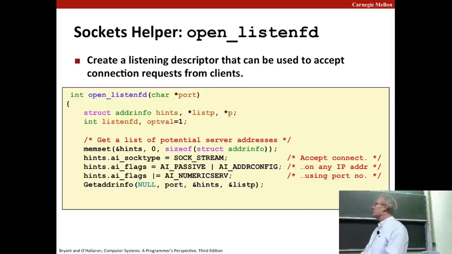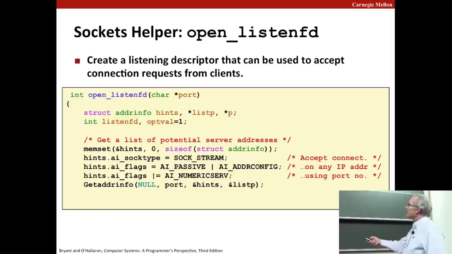Calloc will also zero it out, but I'm not actually allocating anything. See, the hints is a struct here, and remember, a struct is just a bunch of bytes, and so if I make that particular call to memset, it will set every byte in that structure to 0. And this is sort of the official standard way you're supposed to do that kind of thing. Those are good questions, though.